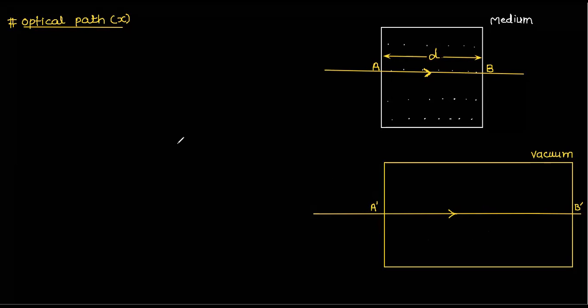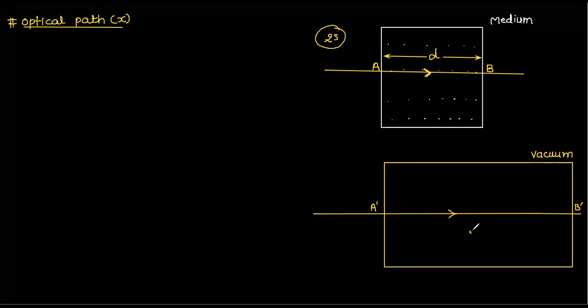So what is this optical path, and what is geometrical path first of all? Now this d distance it has traveled, suppose it has traveled in 2 seconds. How much time it has taken? 2 seconds.